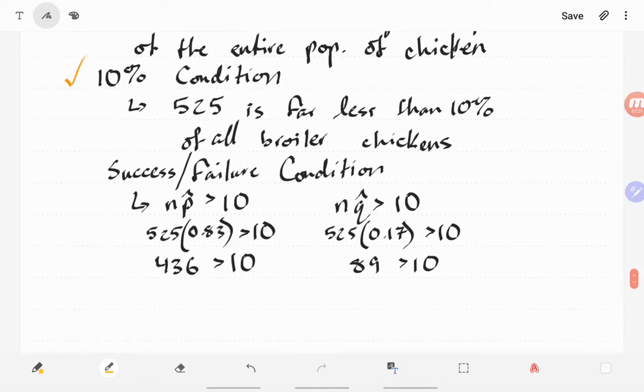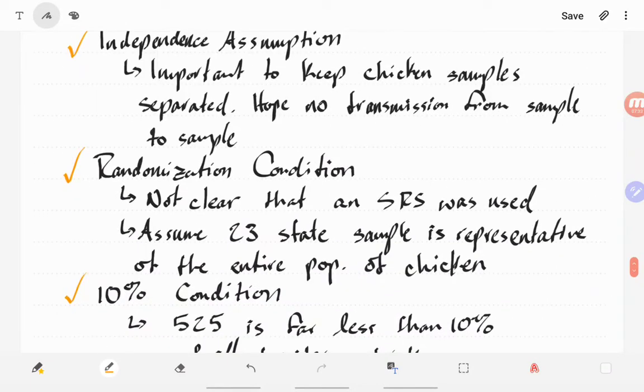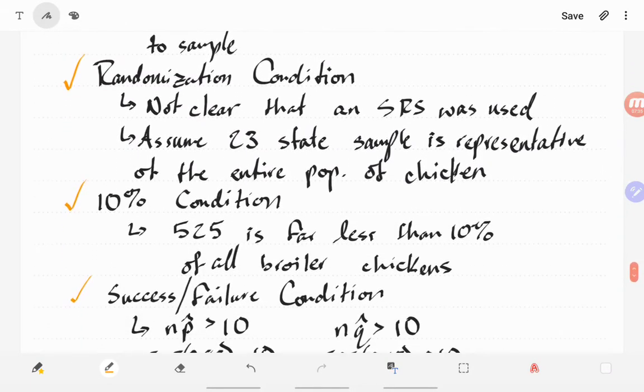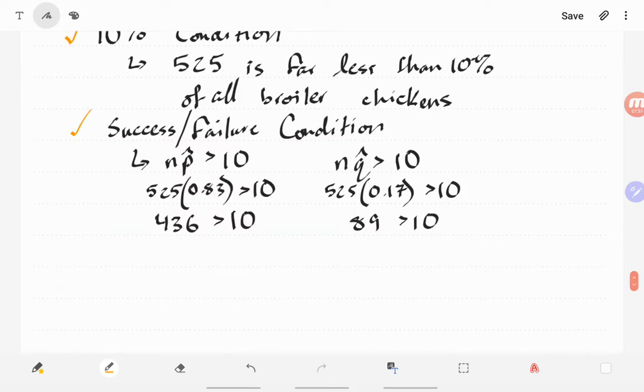And then our success failure condition, yep, our sample is big enough. How do we know it's big enough? Because the number of successes and the number of failures are both greater than 10, right? So all of these assumptions and conditions are the first thing that we have to check whenever we are working through a confidence interval, right?